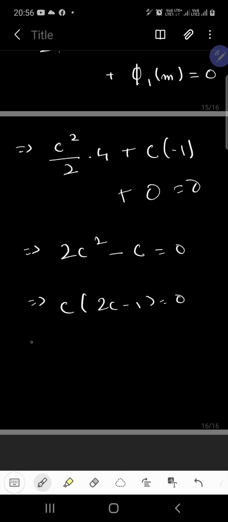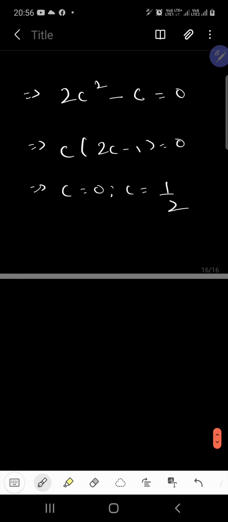From here you get 2c square minus c equal to 0. Taking c common, you have c times 2c minus 1 equal to 0. That means c equals 0 and c equals 1 over 2. So you have two values of c for the slope being 1 over 2.